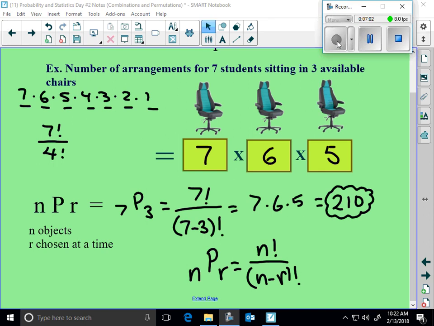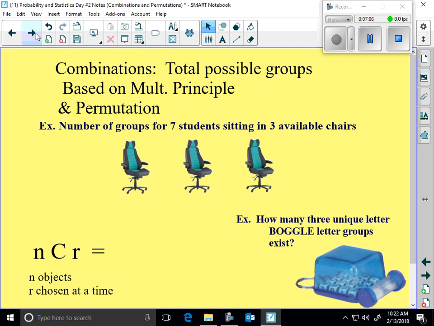So permutations, order matters. Okay, combinations, how's that different? Combinations are a permutation, except it negates a certain number of those permutations. So for example, let's say we had Emily, Carl, Gabe sitting in those 3 seats.